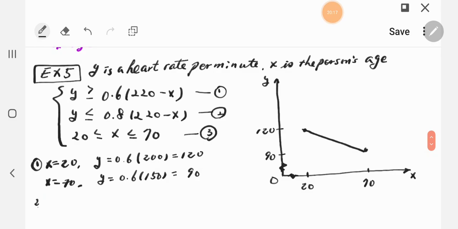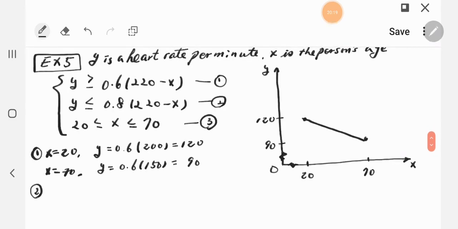Then from the second inequality, let's use x equals 20 and find the y value. 0.8 times 200 is 160. So let's say this time this is 160, and that's the point when x equals 20.